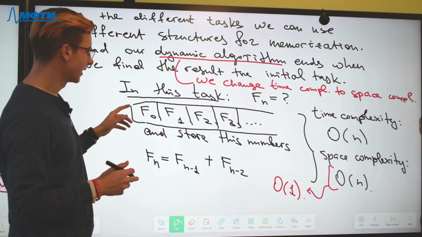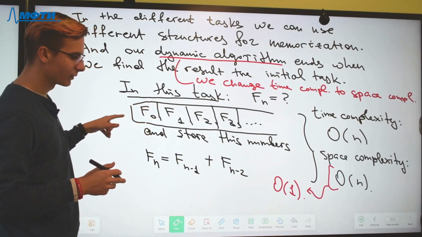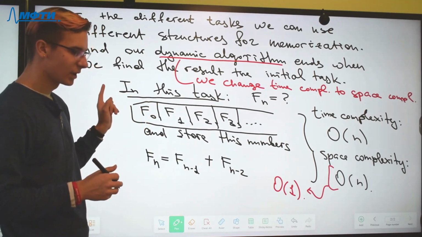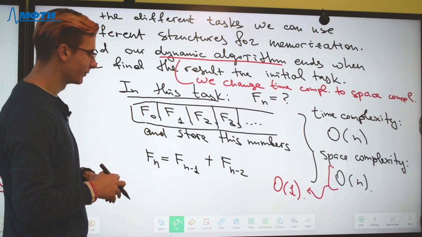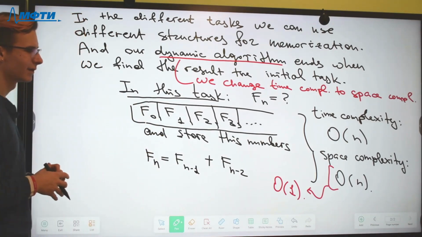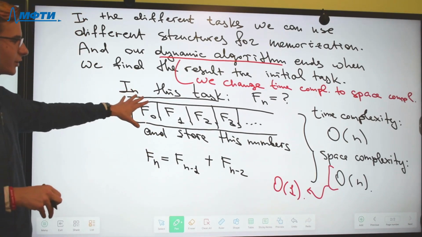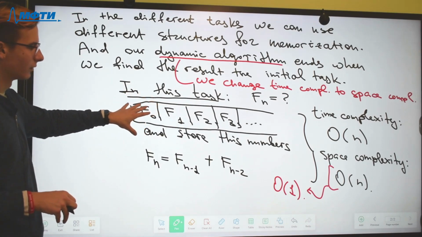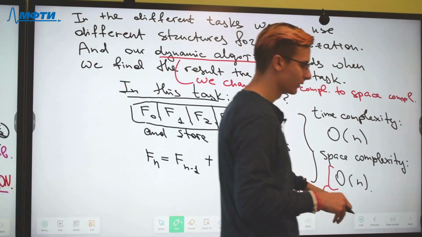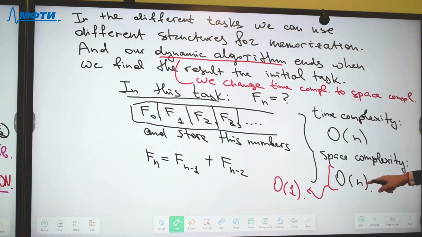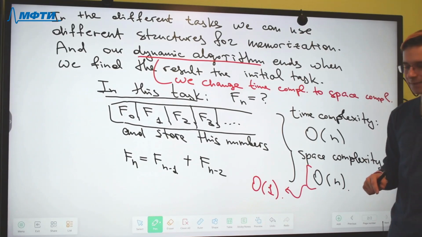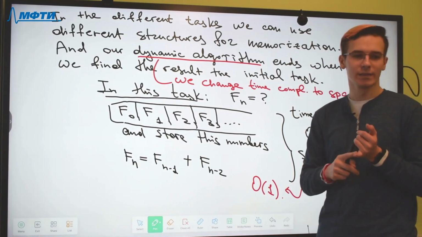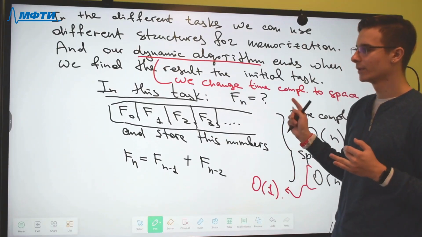But for example, if one result of the subtask is equal to, for example, a big text or some structure, so if we store, for example, n such structures, we can spend a lot of time to connect them between each other.